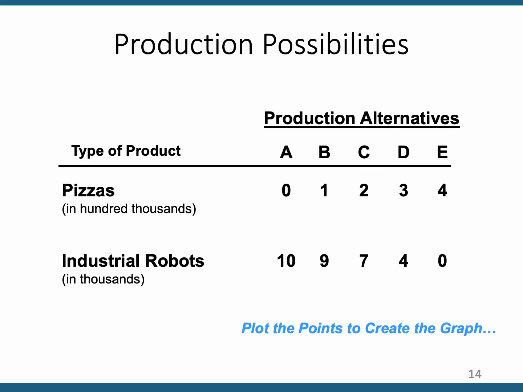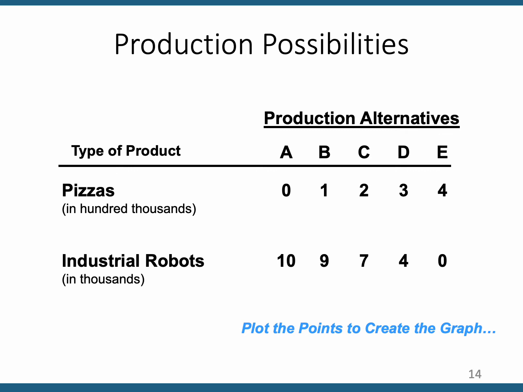You had to give up 1,000 robots per week in order to gain 100,000 pizzas per week, because you went from 0 to 100,000 per week. All right? So there's an opportunity cost because your resources are fixed. They're limited.